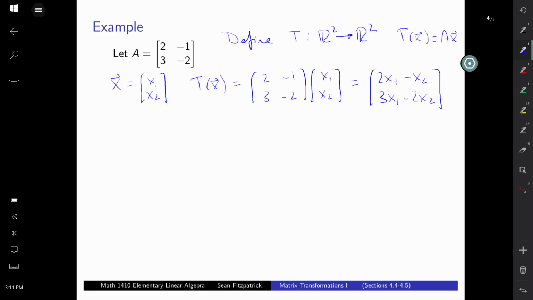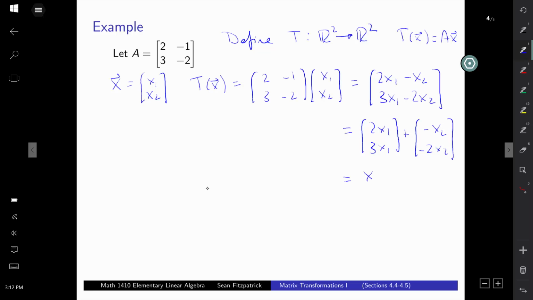By the way, notice one of the things we did when we were playing around with subspaces and other examples like that is that we can decompose something like this. We have a matrix with two variables in there. Let's write this as 2x1, 3x1 plus minus x2, minus 2x2.